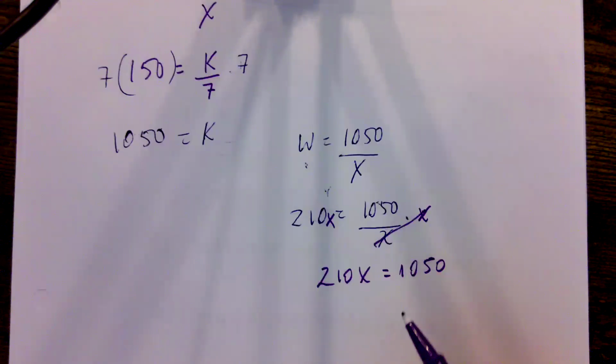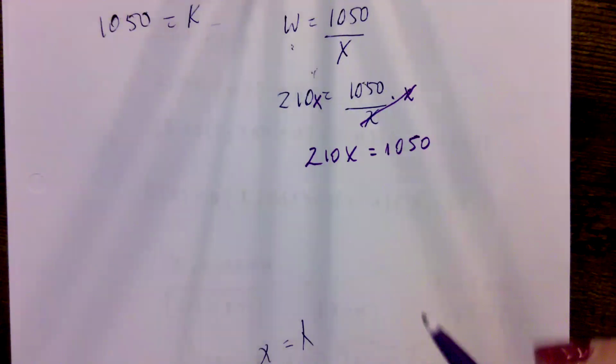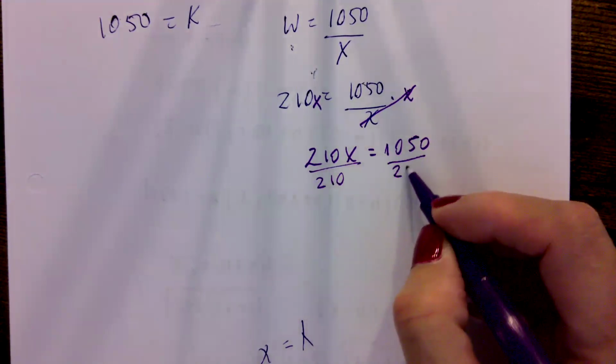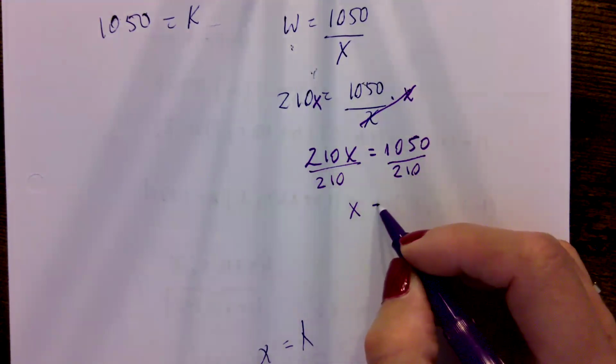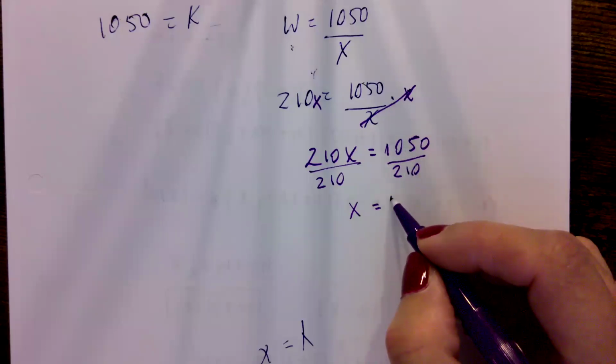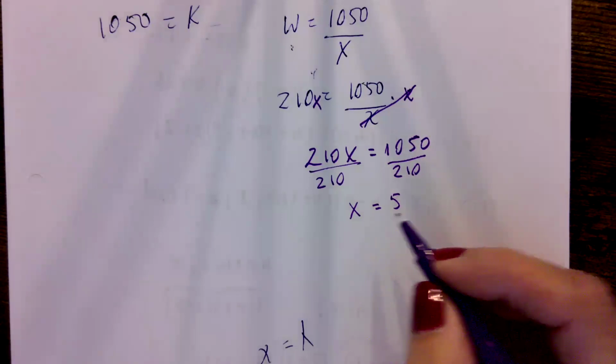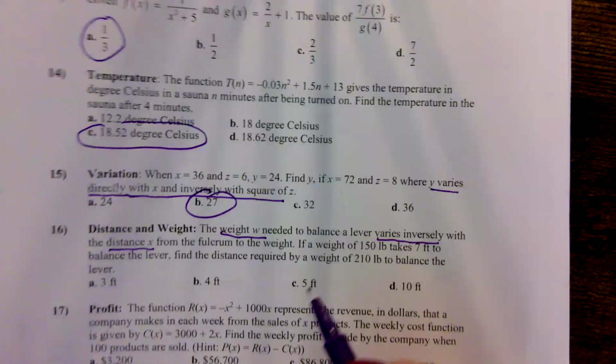And then now we're going to divide by 210. And that should be 5. So 5 feet should be my distance. So letter C.